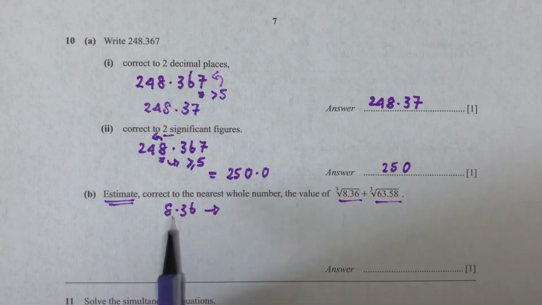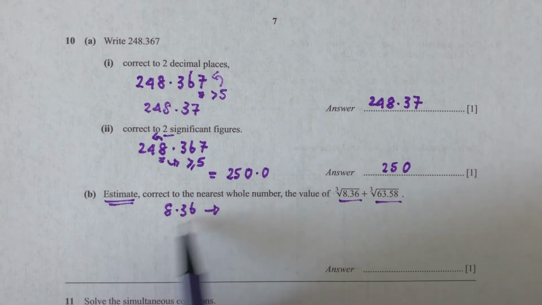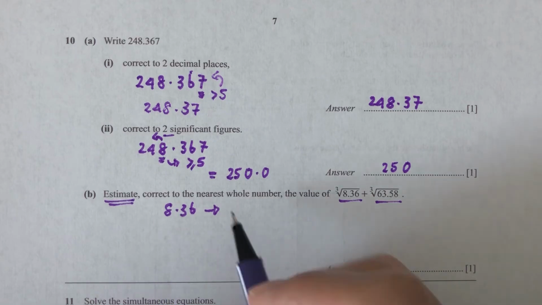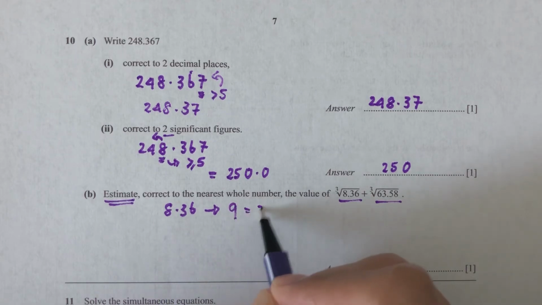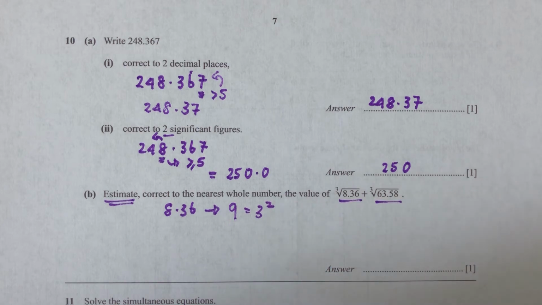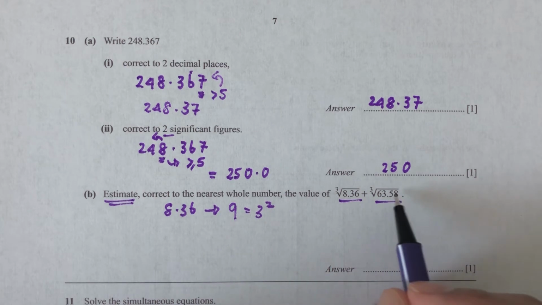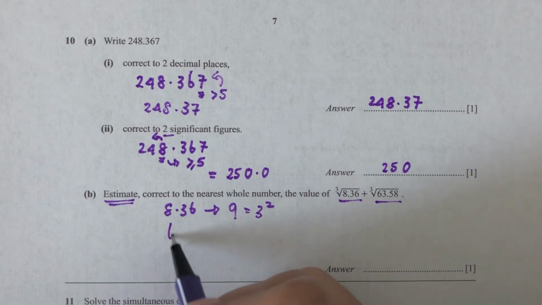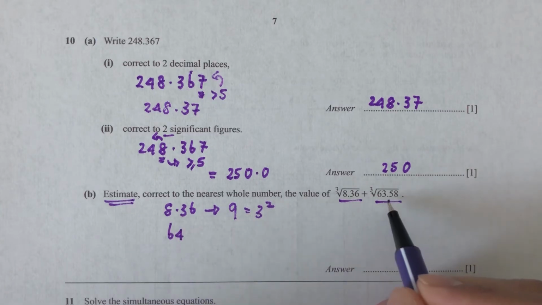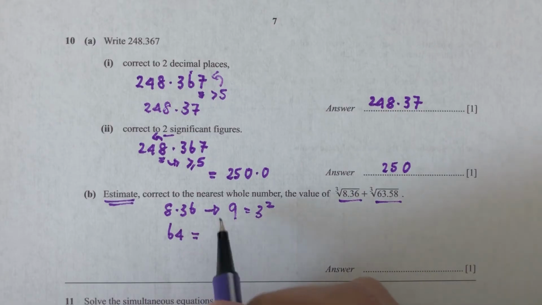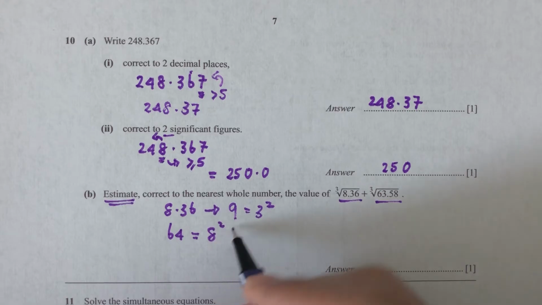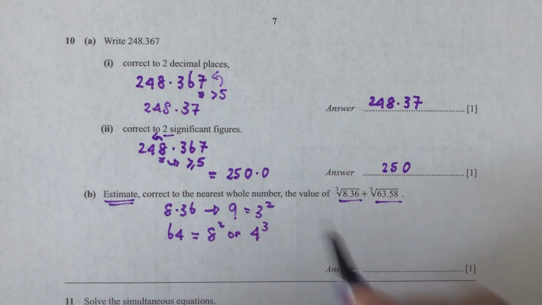So what is the closest cube number to 3.68? We know that 9 is 3 power 2, right? So that's the first number. And then on this side we have 64, closest to this number, which is 8 power 2, or you can have 4 power 3.